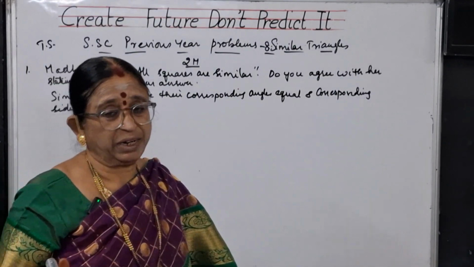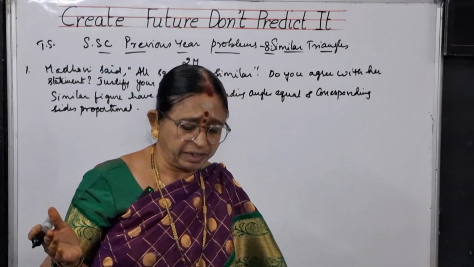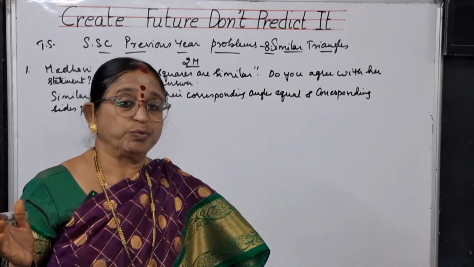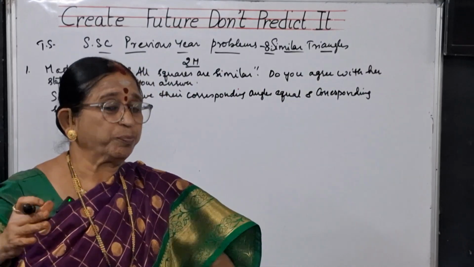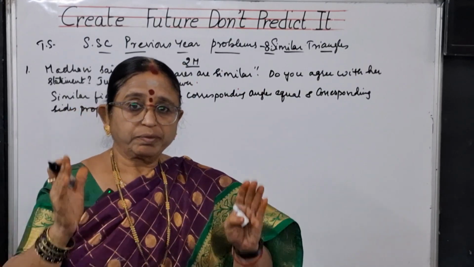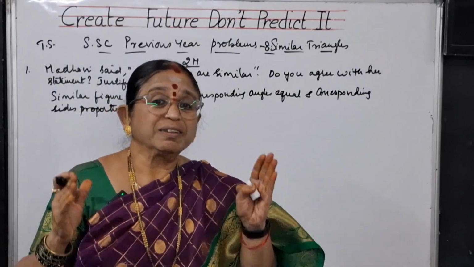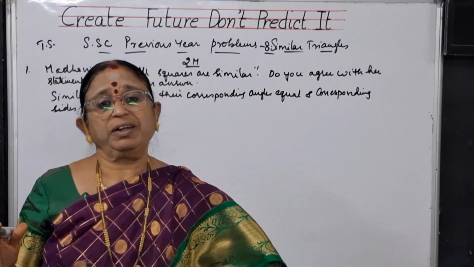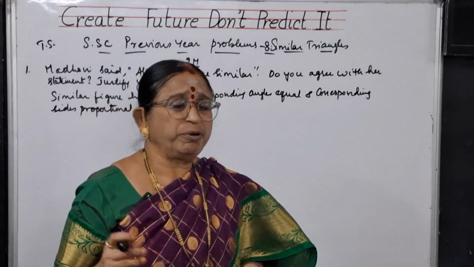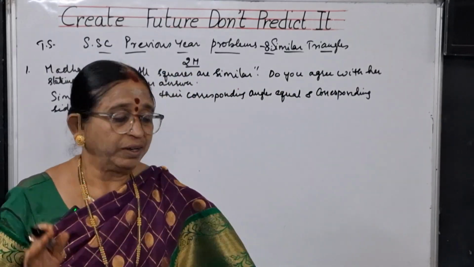Any either triangle or a quadrilateral, or any figure, any pentagon, anything. It is similar in the sense what? If two figures are there, both of their corresponding angles should be equal and corresponding sides should be proportional. Proportional means what?